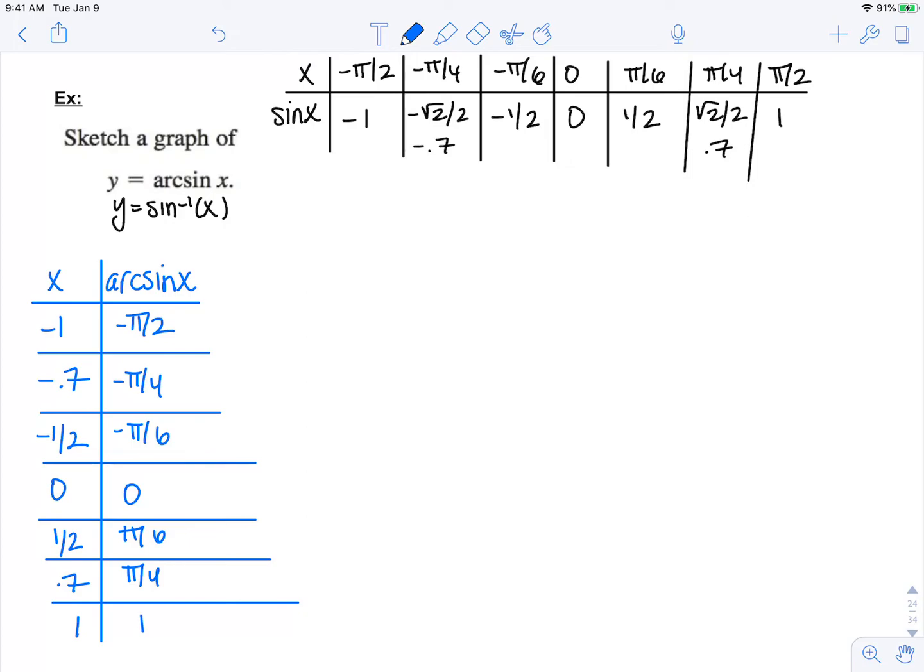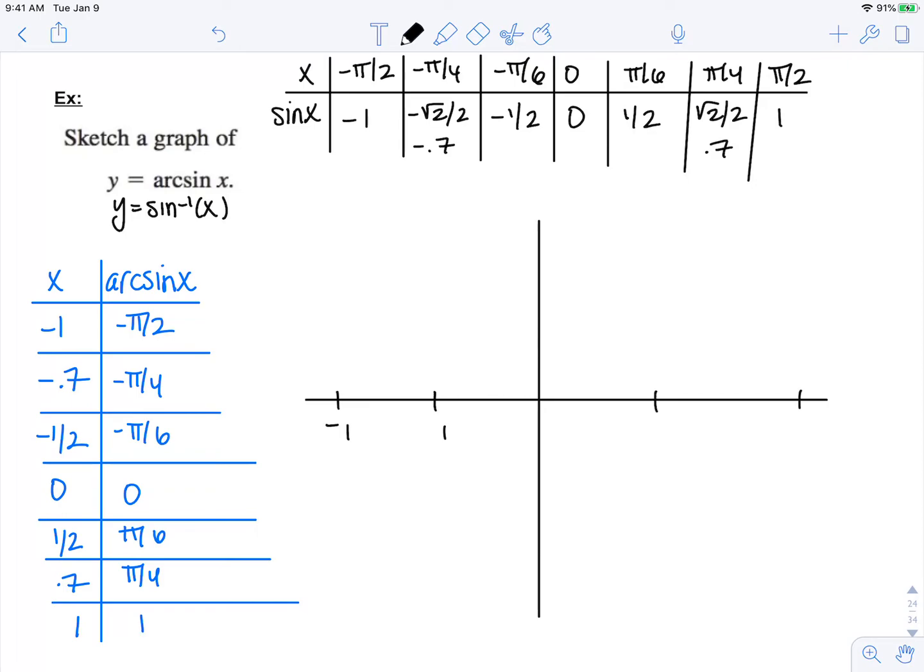So if I want to set up my axis, now my x values here are going to go from negative 1, negative 1/2 to 1.